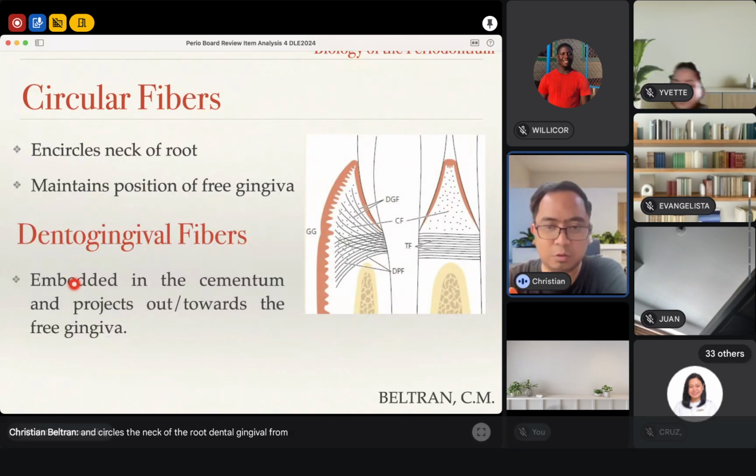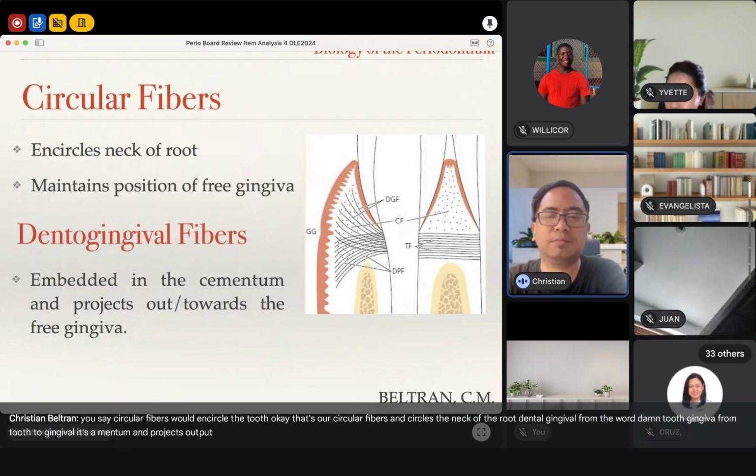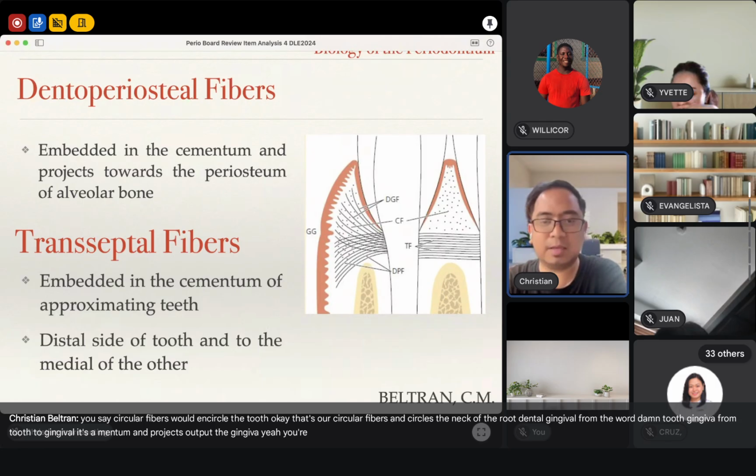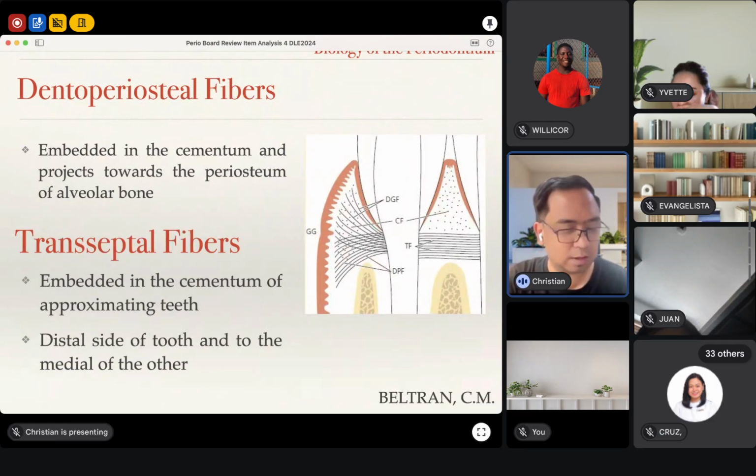Dentogingival, from the word dento, tooth, gingiva, from tooth to gingiva. Okay, cementum, and projects outward towards the gingiva. You have your dentoperiosteal, tooth and bone, okay? And transeptal, cementum to cementum attachment, right?